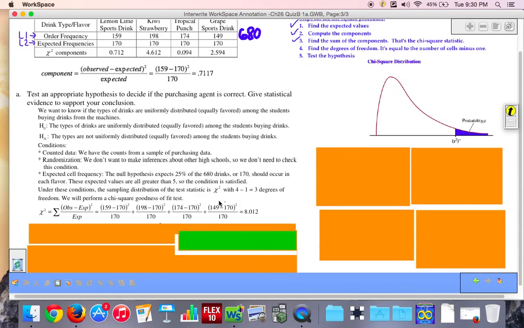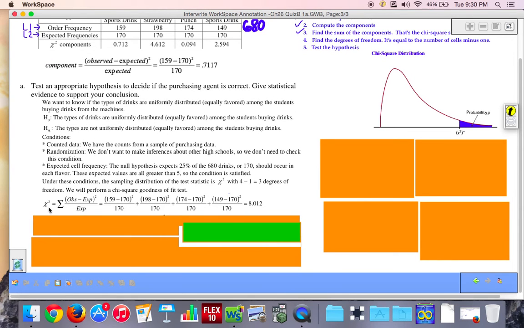Here we go. This is again the symbol for chi-squared. It looks like a capital X italicized with the exponent 2. And here's the formula, which you can find on the AP Statistics formula sheet: observed value minus expected value squared divided by the expected value.